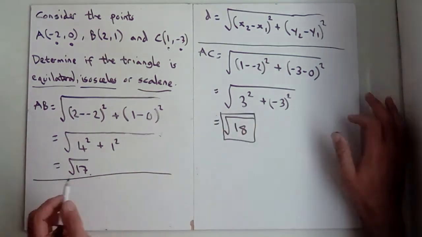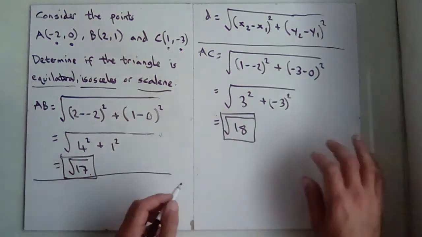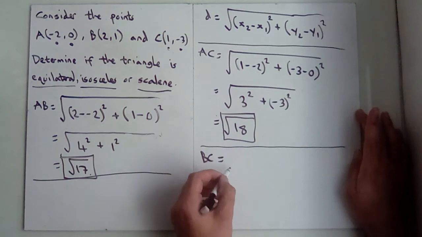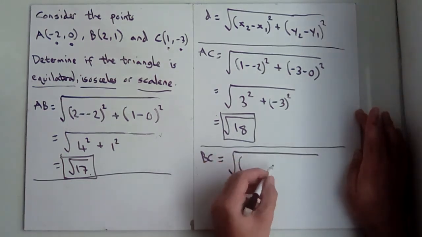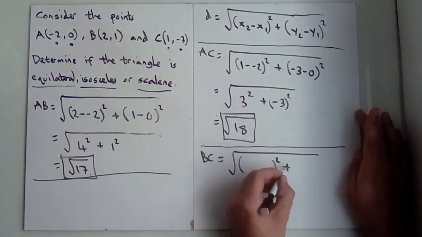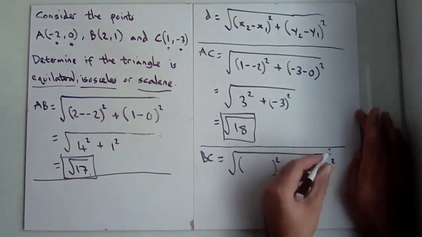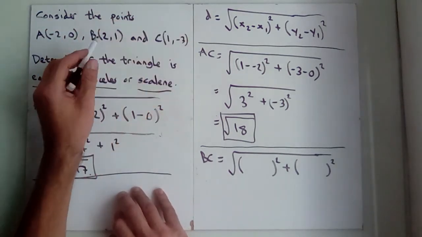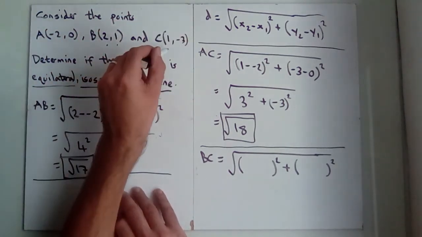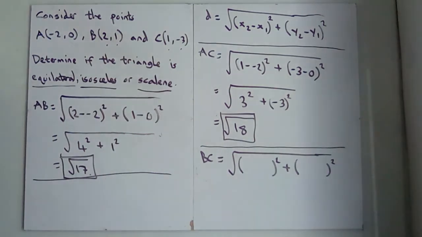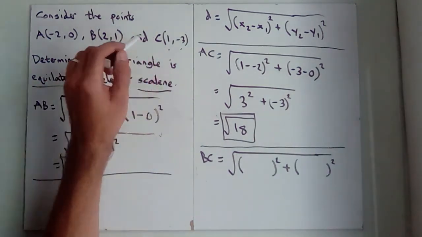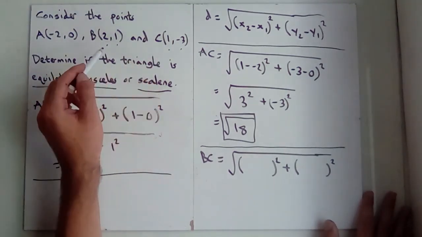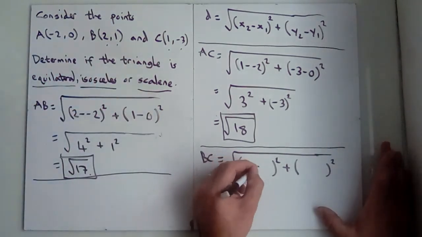Might just box these so we don't lose them. And finally, we are going to do BC, which again is the square root of (something minus something) squared plus (something minus something) squared. So for BC, we're going to use point B as x1, y1, and point C as x2, y2. So for the x's, we are going to do 1 minus 2. Remember, it's the x coordinate of the second point minus the x coordinate of the first.